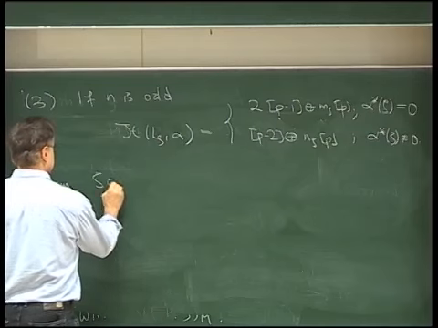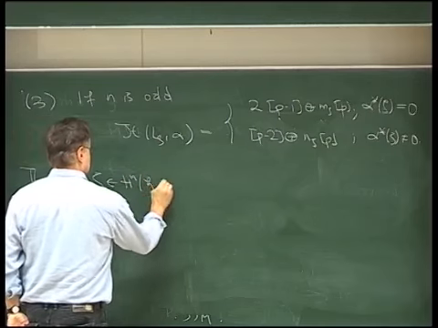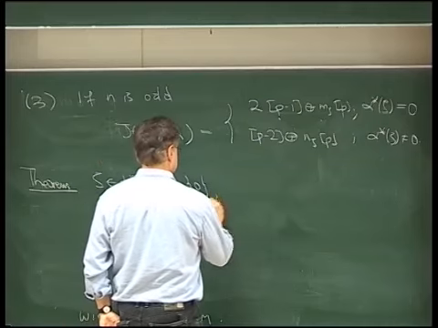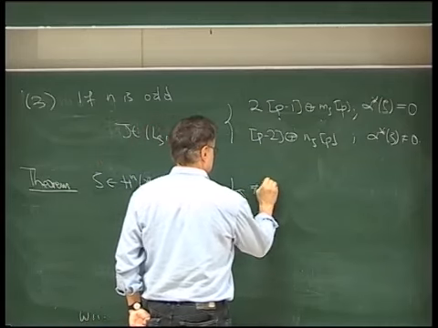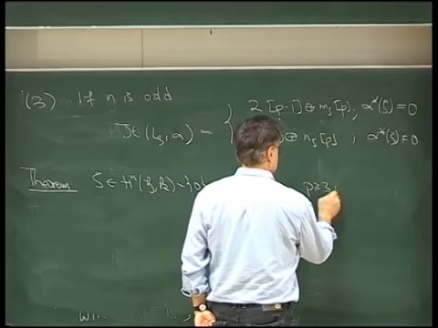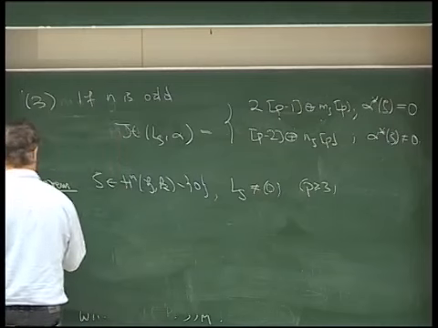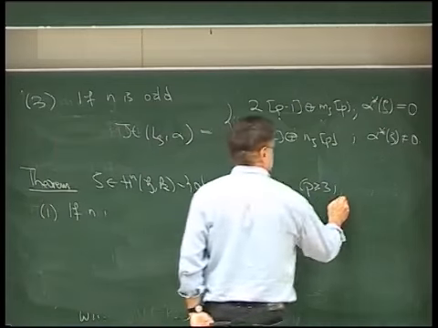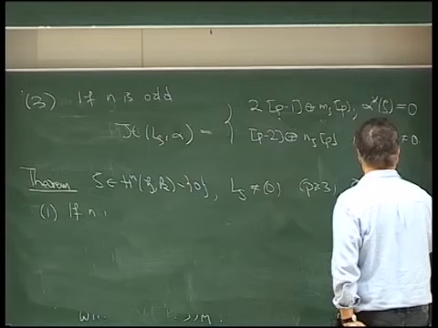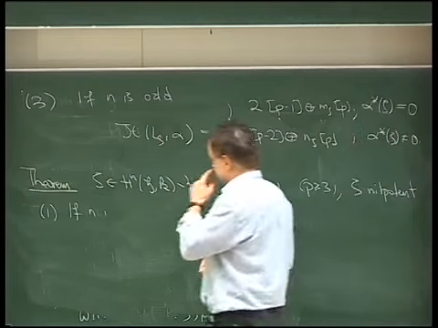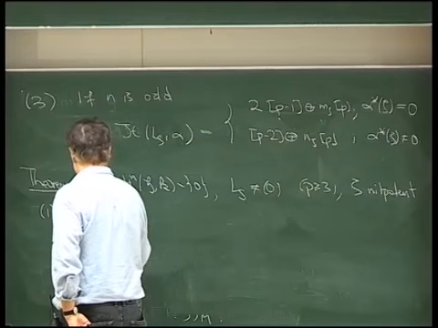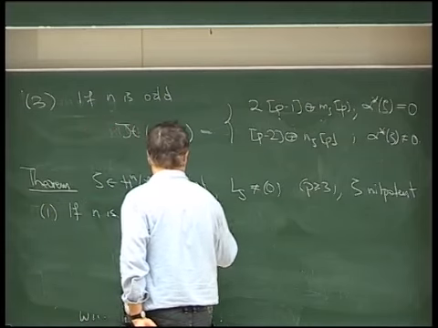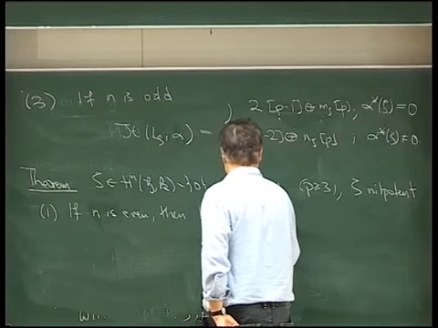So under these conditions, we have a non-zero class such that L zeta is not equal to 0 and p is greater or equal than 3. You have that if n is even, zeta is nilpotent. There is a more technical result for the non-nilpotent case, which I won't write down. If n is even, then L zeta is indecomposable.